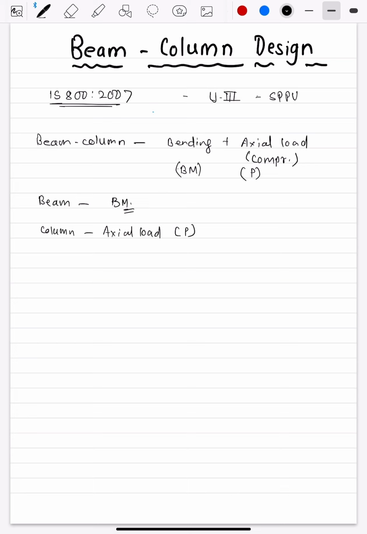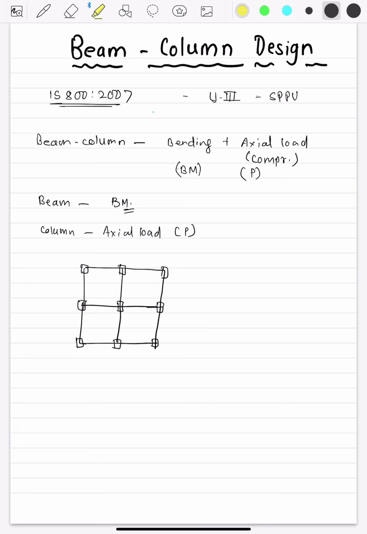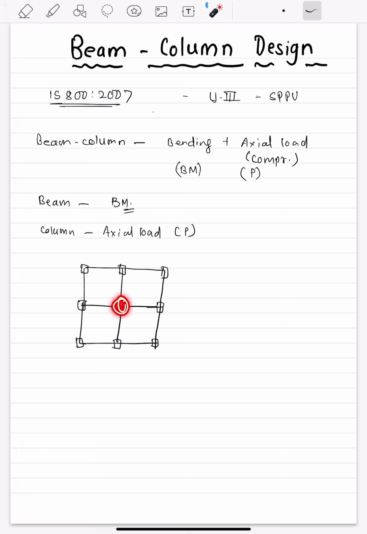So, for example, in a building, this is a plan of a building I'm drawing, and let us say it has this many columns. This is one column, second, third, fourth. So this column has load from here, here, here, and here.